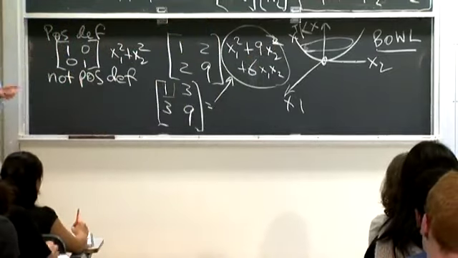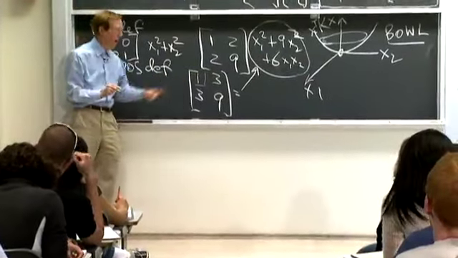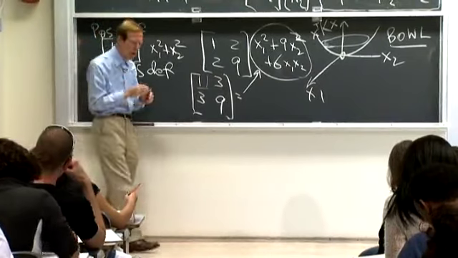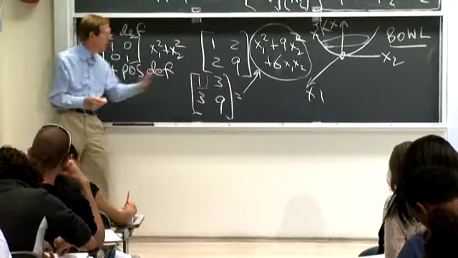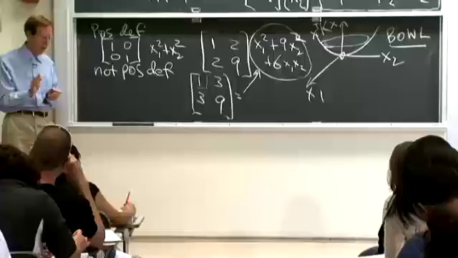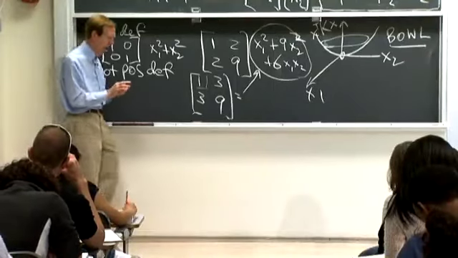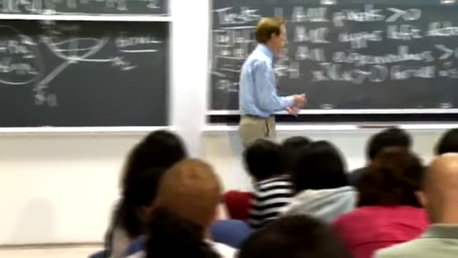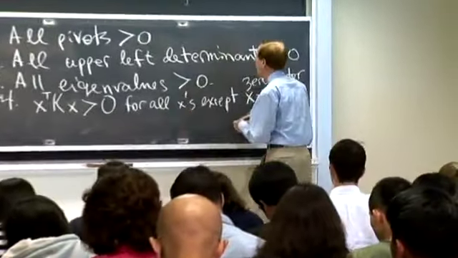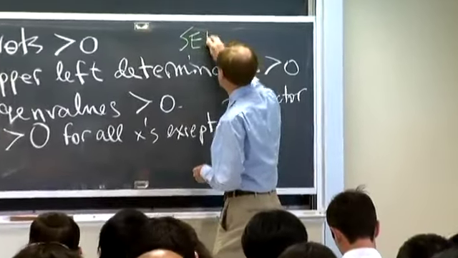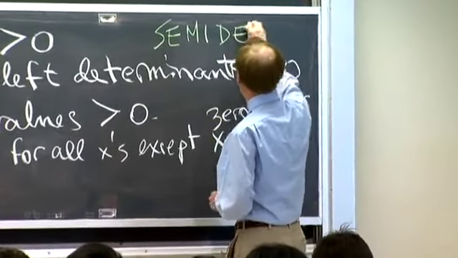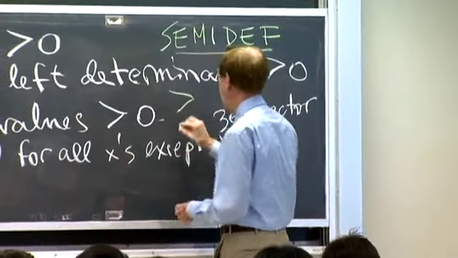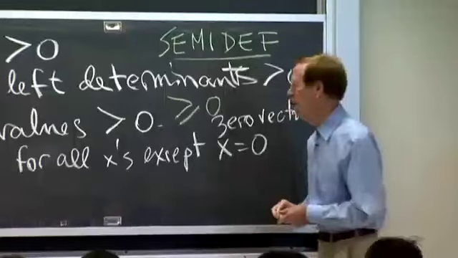Let me tell you right away the word that I would use for this one. I would call it positive semi-definite, because it's almost there, but not quite. So semi-definite allows the matrix to be singular. Semi-definite would be eigenvalues greater than or equal to 0.